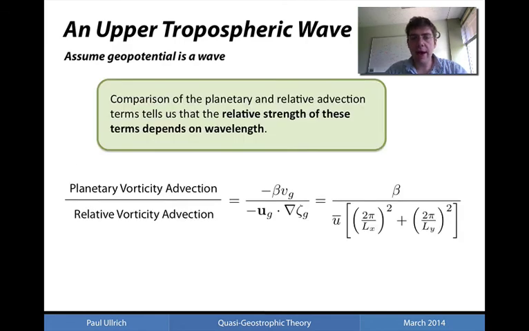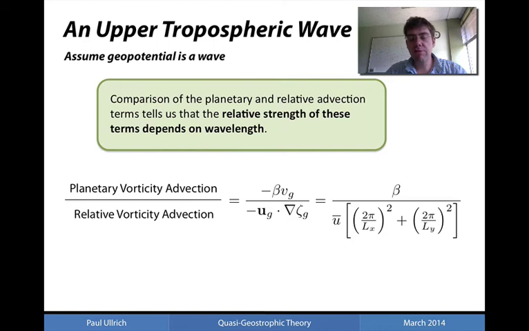So if we now compare planetary and relative vorticity advection, we observe from the previous derivation that the cosine products both cancel out when taking the ratio, and so we simply obtain the relative strengths of these two terms. In particular, the relative strength of these terms depends on wavelength due to the existence of the k squared plus l squared term that emerged from the relative vorticity advection.